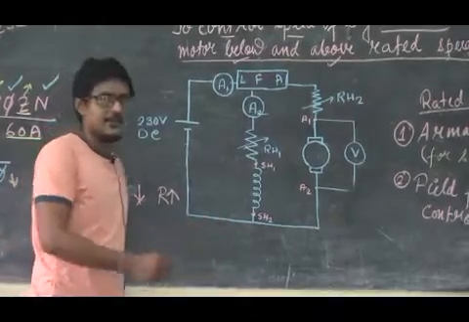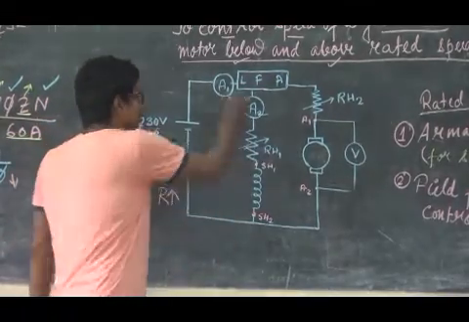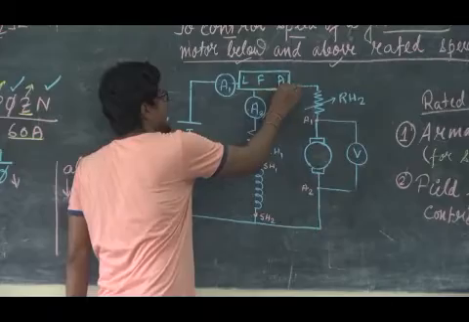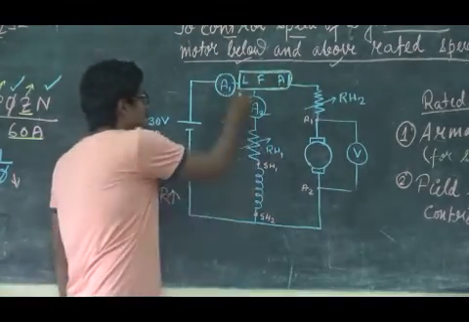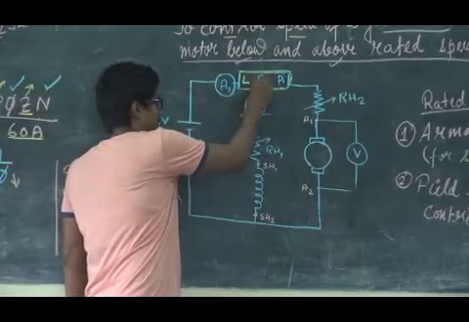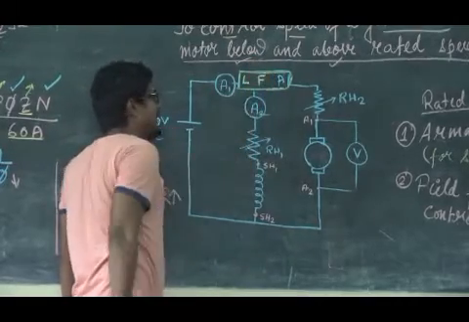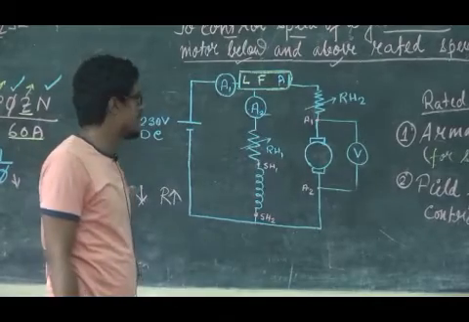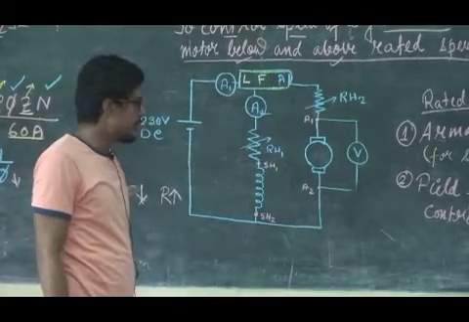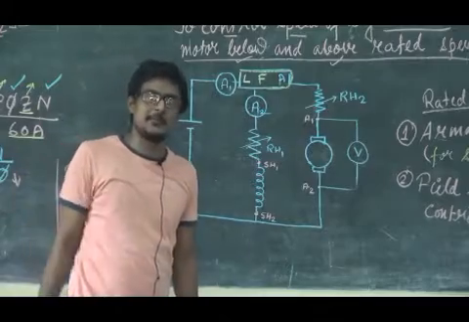Okay students, since it is a DC shunt motor, we shall be adding a 3-point starter across it during starting. As you already know, a 3-point starter has 3 terminals, namely L, F and A, that is line, field and armature. So now we will be switching to the experiment setup.